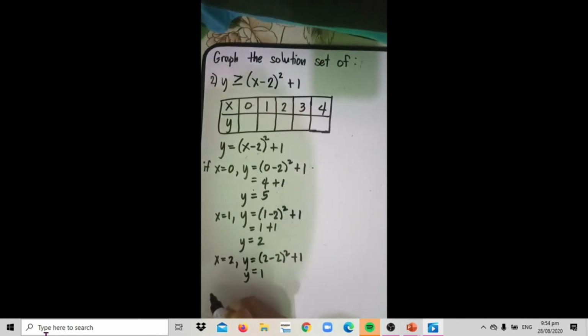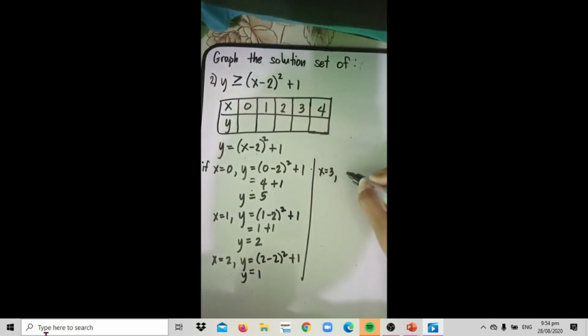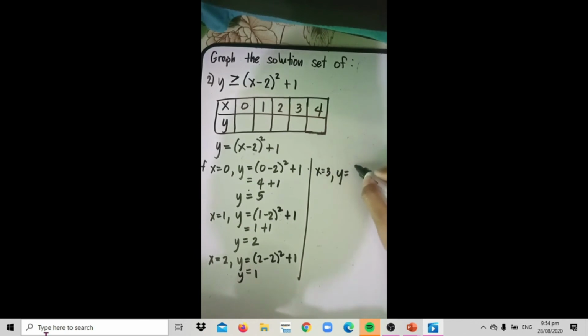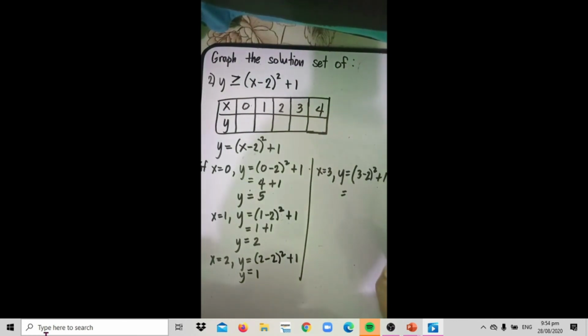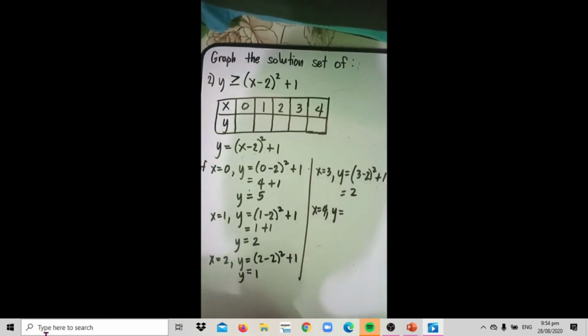Okay, next, if x is 3, y would be 3 minus 2 square plus 1. So, 3 minus 2 is 1. 1 square, 1, syempre. So, 1 plus 1, 2. If x is 4, last, our y would be 5.